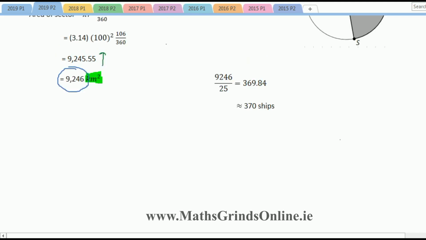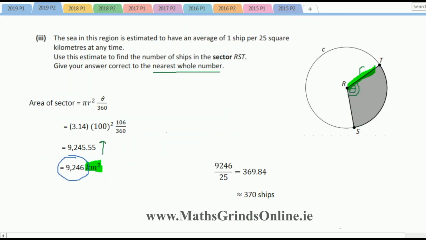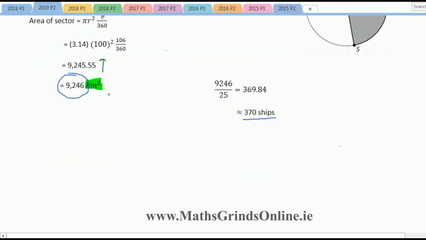Again, our answer says to the nearest whole number. So that's 370. Bearing in mind we're asked to find the number of ships, it's 370 ships. Okay, and that's the end of that 2019 paper 2 question.